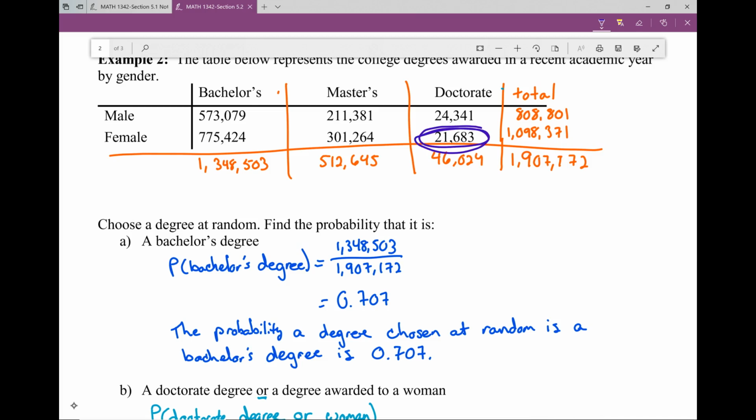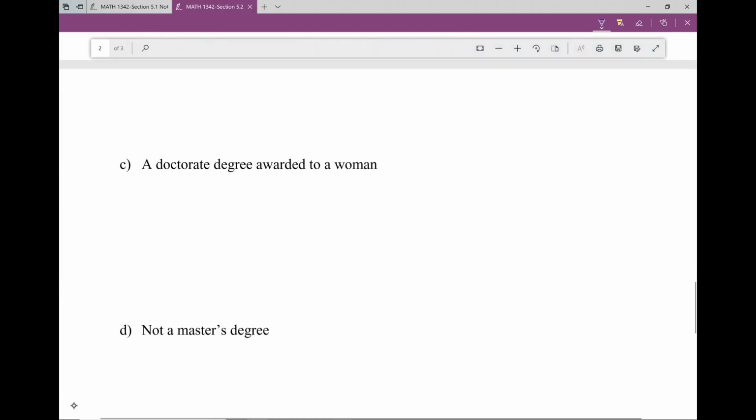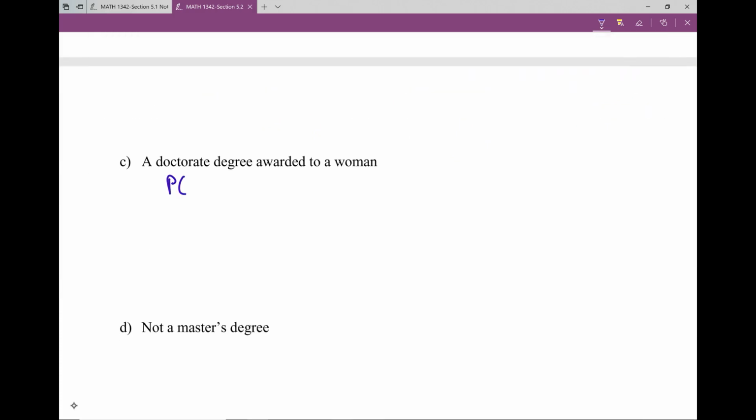So it's strictly this number, the 21,683. The probability of a doctorate and woman is equal to 21,683.